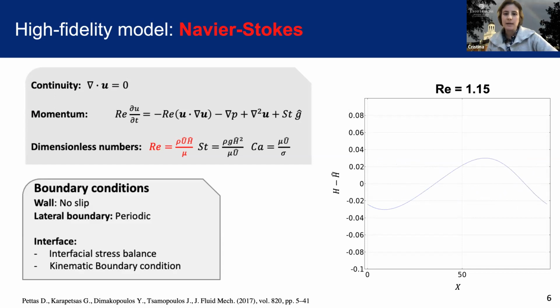So first, how do we generate the high fidelity data? We have Navier-Stokes equations for this type of flow. They are two-dimensional, conservation of mass and momentum, and here are shown in non-dimensional form.